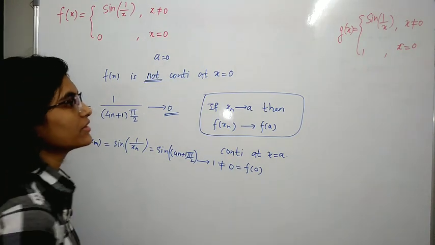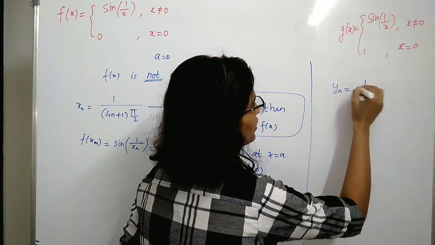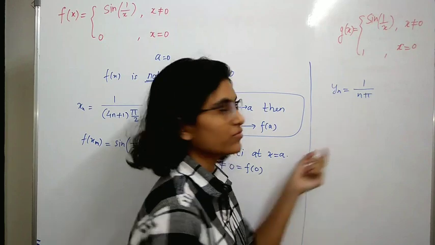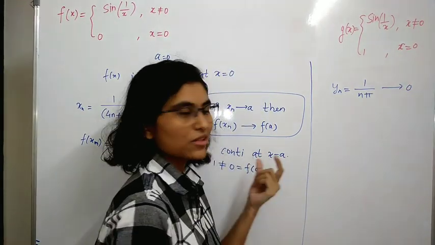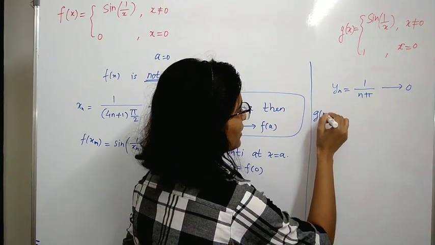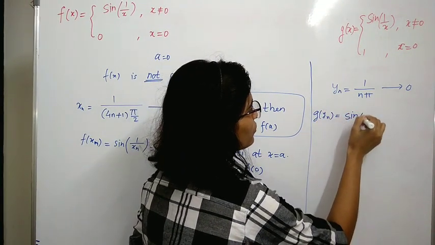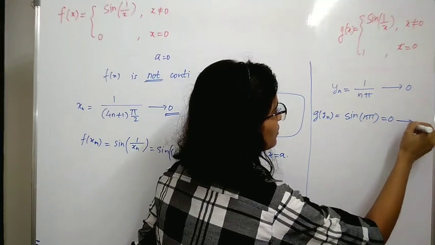Then also the function is not continuous. Why? Because if we take a sequence, say yn is equal to 1 upon n pi, then clearly this sequence converges to 0 as n tends to infinity. And what is g of yn? G of yn is just equal to sine of n pi, which is just 0, which converges to 0.